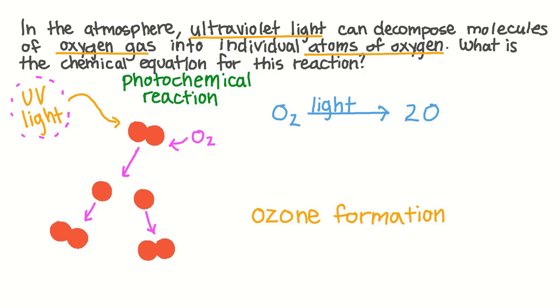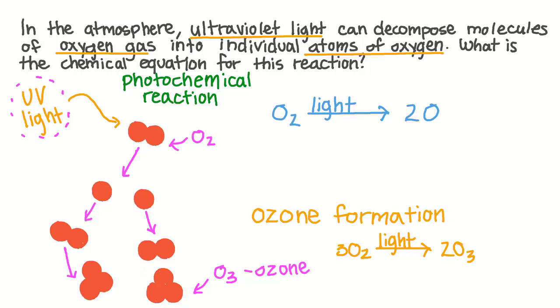This reaction described is the first step in the reaction of ozone formation in Earth's atmosphere. The next step of the reaction involves each of those individual atoms of oxygen that are produced striking another molecule of oxygen gas, which would each form a molecule of ozone, or O3.